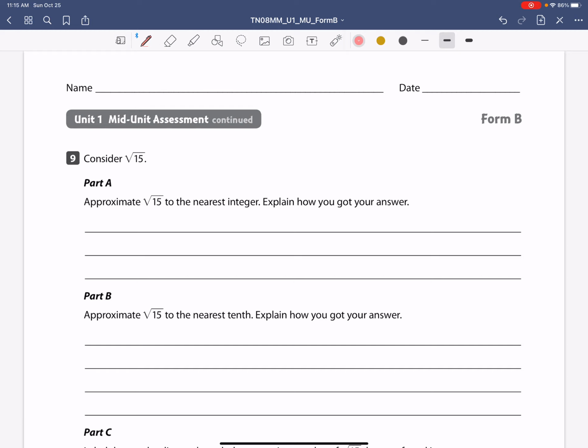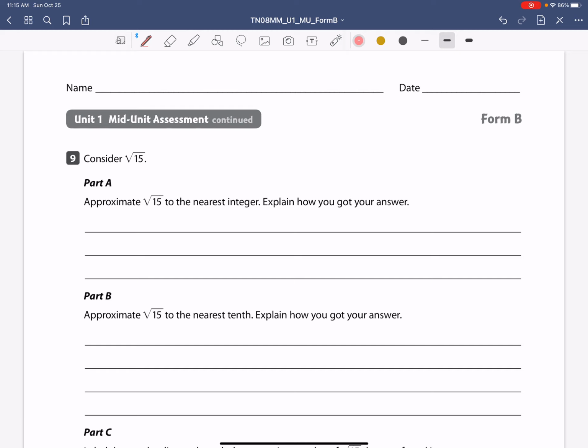I would approximate the square root of 15 to be between 3 and 4, because the square root of 16 is 4 and the square root of 9 is 3. I said that so backwards. I'm sorry.